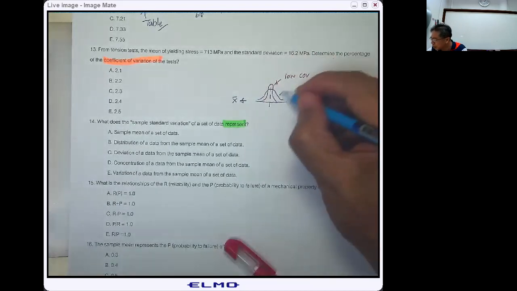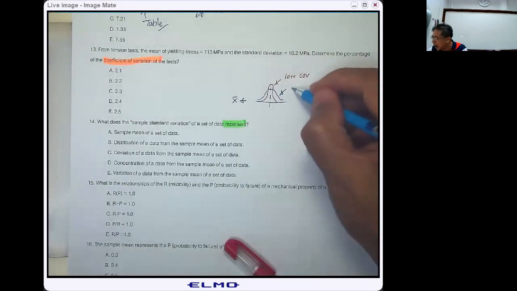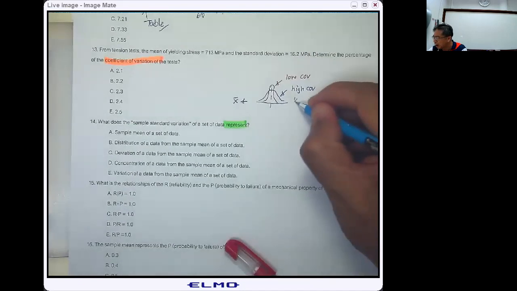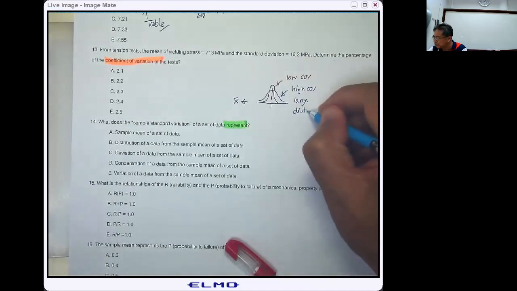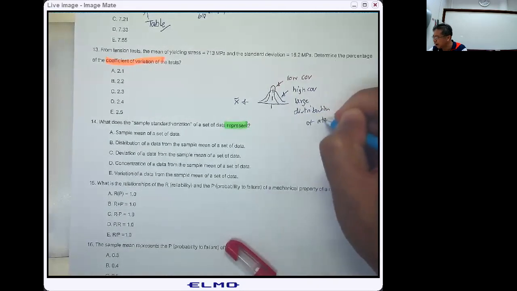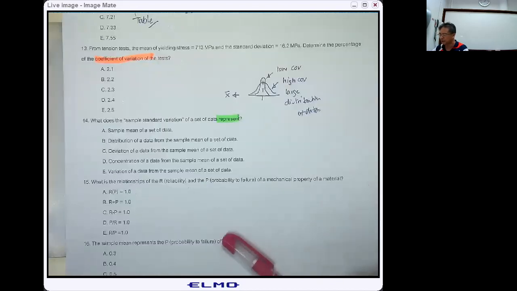And then for this one, you're going to get a higher coefficient of variation that shows a large distribution of data.